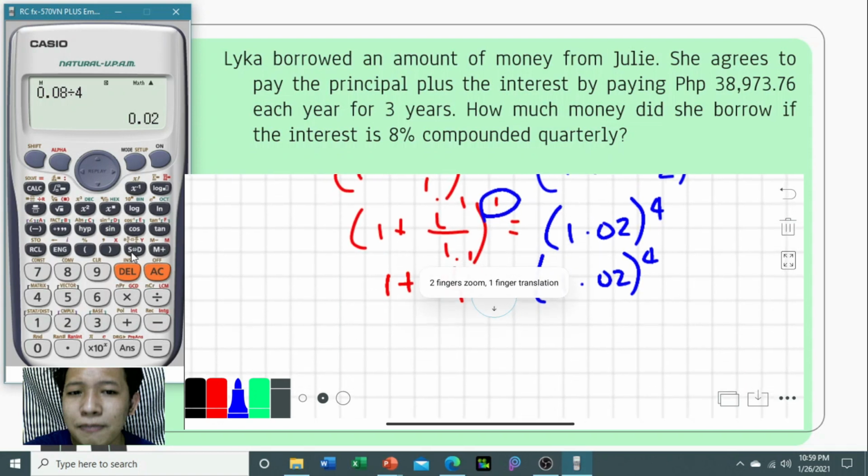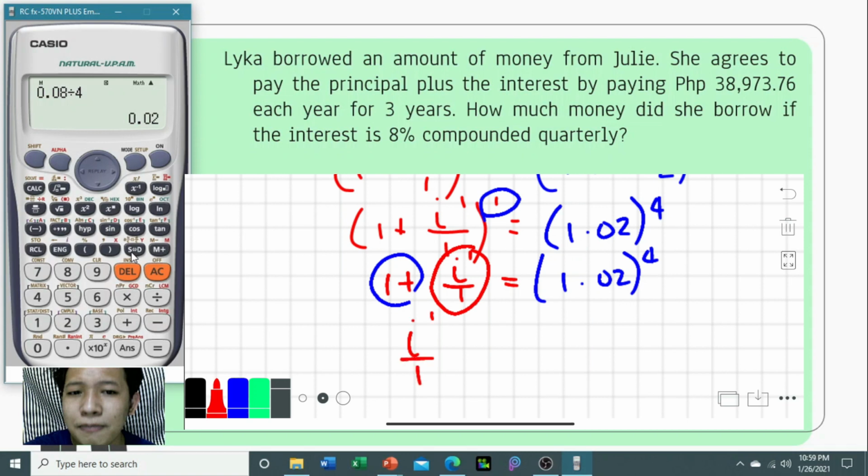Okay? And then, para ito lang po yung matira natin kasi yung yearly yung hinahanap natin, we transpose positive 1 to the other side. So we'd be having i^(1)/1 equals 1.02 raised to 4 minus 1. And then we plug into our calculator.